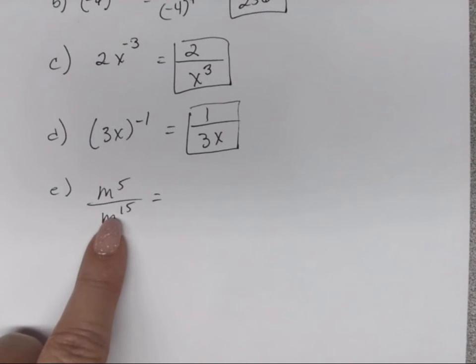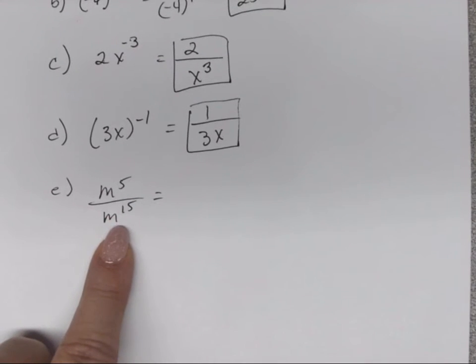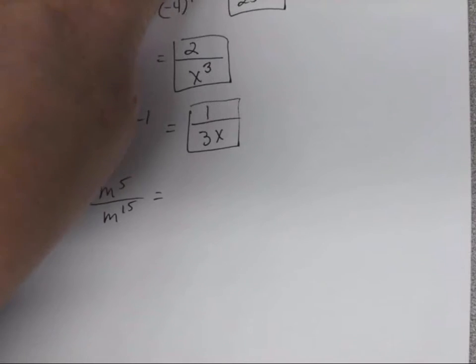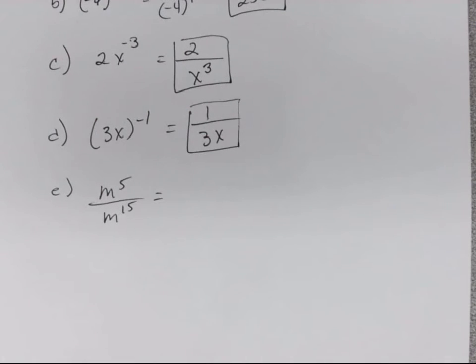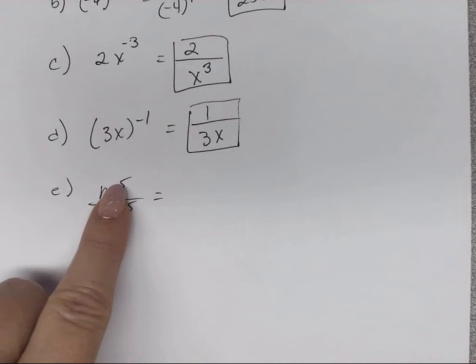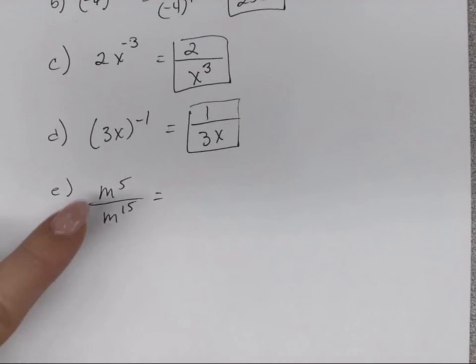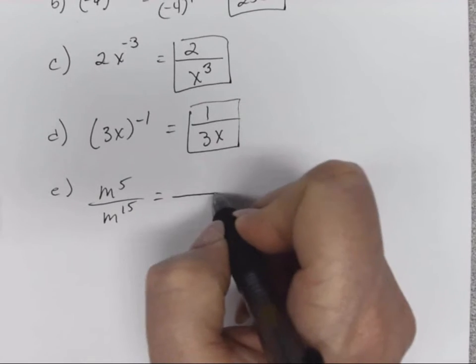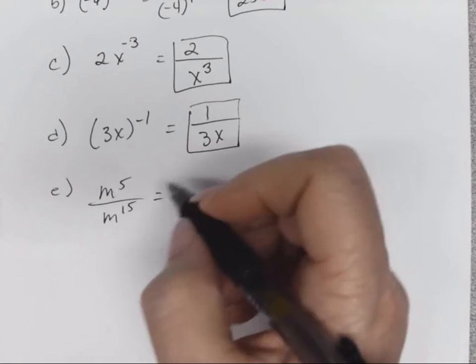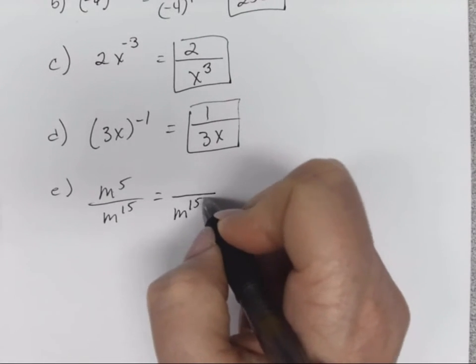So I like to look at them and decide where my letter is going to end up to be positive, because you have to write them with positive exponents. So if you notice, all of these we're writing with positive exponents. Since 15 is bigger, I'm going to subtract the 5 from the 15. So they're going to end up down in the denominator. So I'm going to have m to the 15 minus 5.